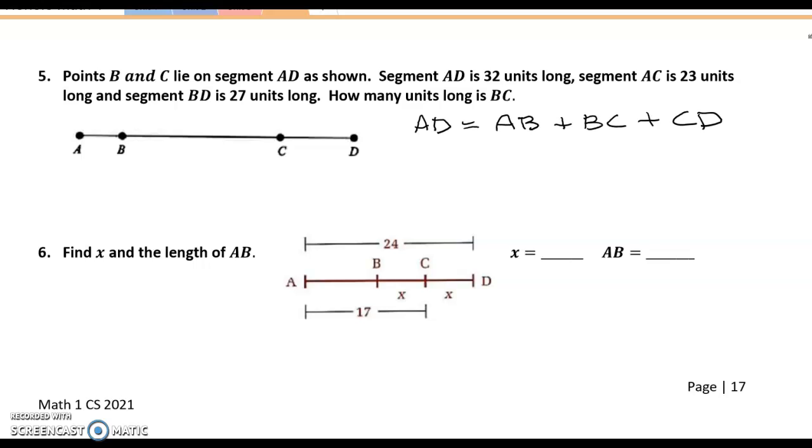All right, so we're going to start with a statement of segment addition. We can say that the length of segment AD is equal to the length of AB plus BC plus CD.